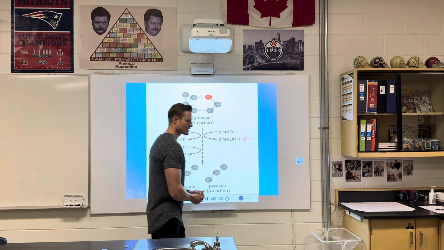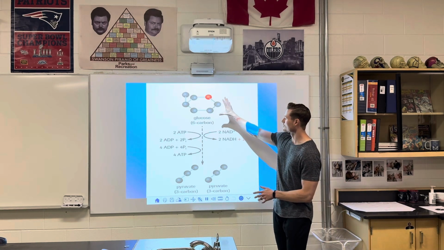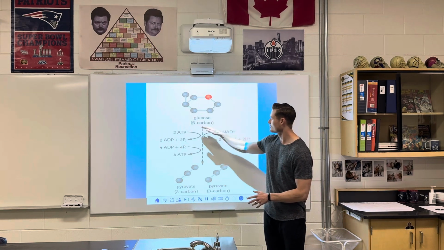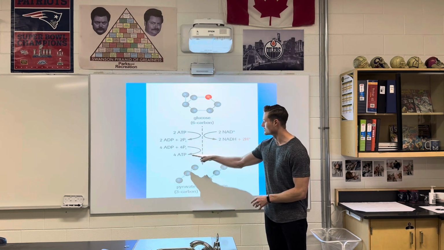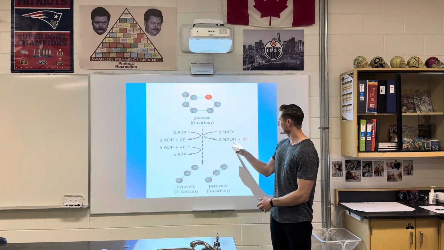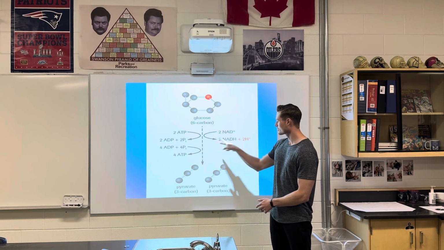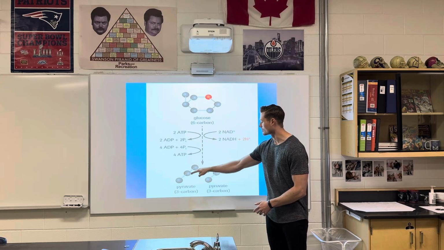So just a recap of our last video, we talked about glycolysis, where we take 1 molecule of glucose, we are going to add 2 molecules of ATP to produce 4 molecules of ATP for a net gain of 2 ATP. We're also going to make 2 NADHs, which we'll save for later, and we're going to have 2 pyruvate molecules at the end of this, each having 3 carbons.